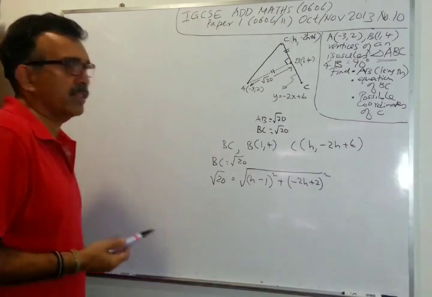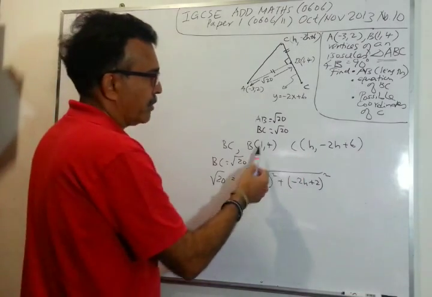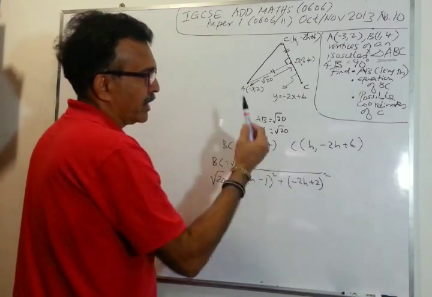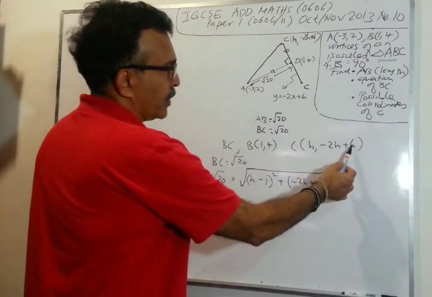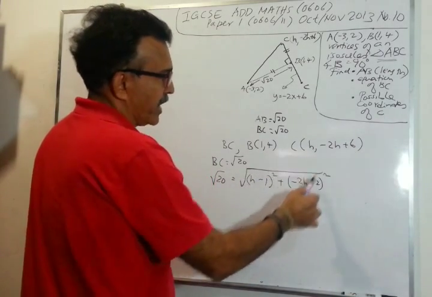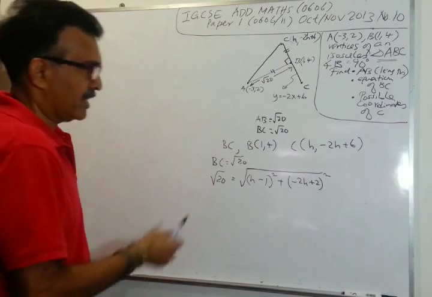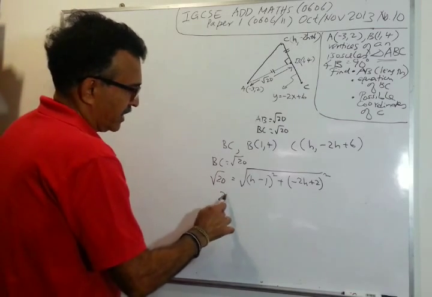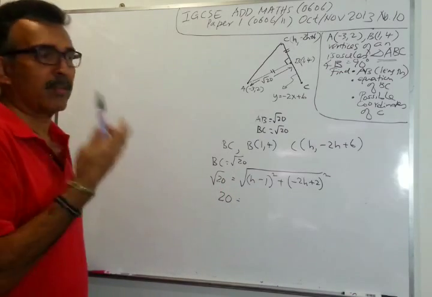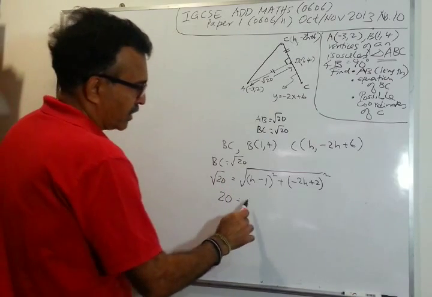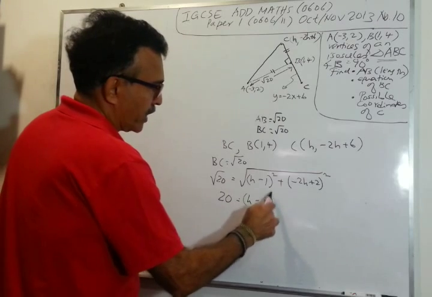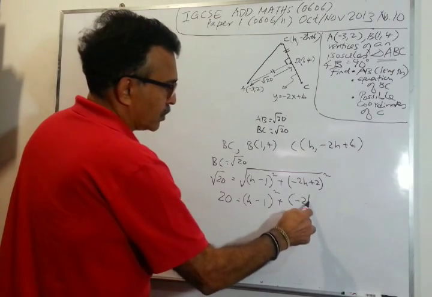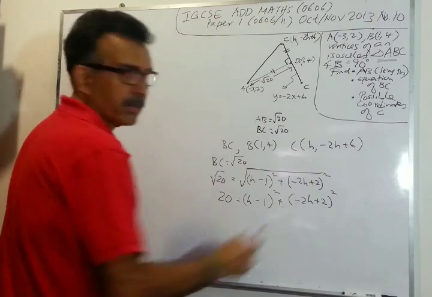Again, I'm just using the distance formula: x1 minus x2 squared, y1 minus y2 squared. Let's remove the square root symbols. In mathematics, we call it squaring both sides. So I have 20 equals (h minus 1) squared plus (-2h plus 2) squared.